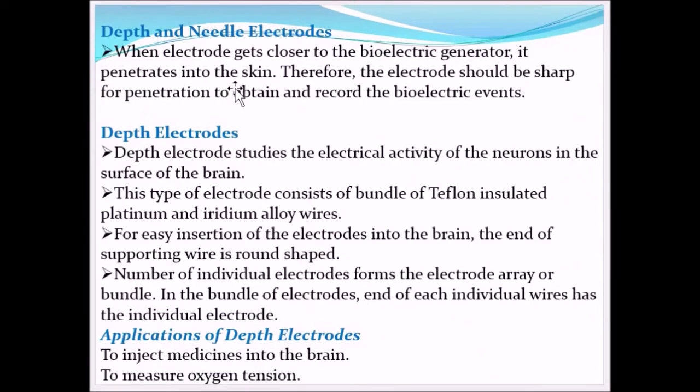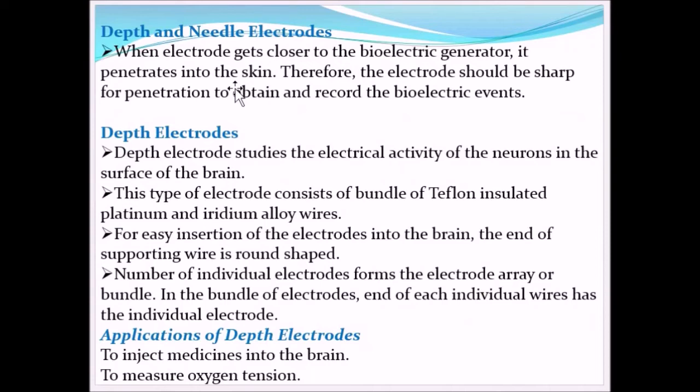Then next we are going to discuss the needle and the depth electrodes. Depth electrodes are used to study the activity of the neurons. Neurons are nothing but the brain; the brain is made up of bundles of neurons.